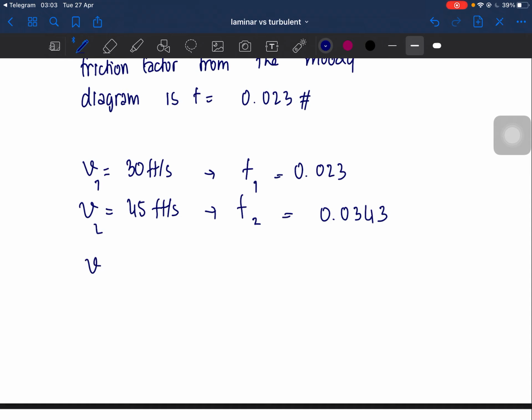So if V is large, F2 is also large. It's actually a significant increase, quite a lot considering it's a friction factor, because it's the third digit here, 3 and 2.